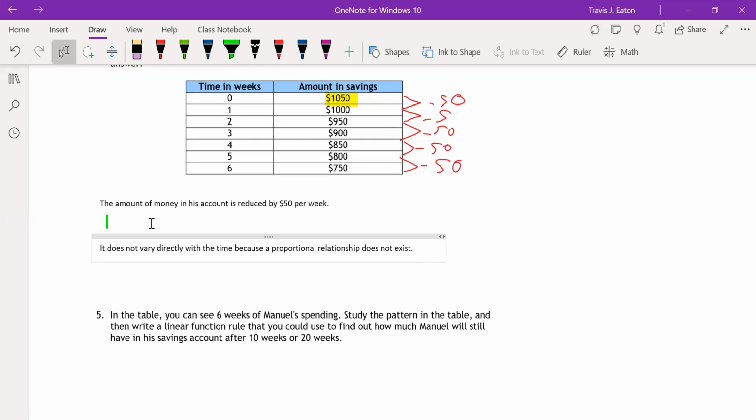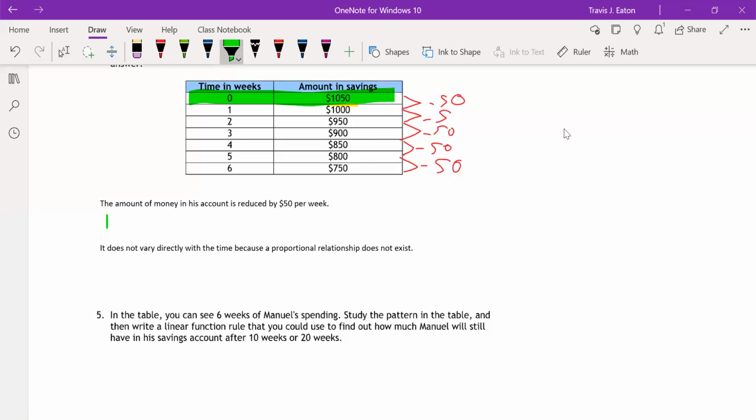And yes, you're absolutely right, because if we were to graph this line, it would not pass through the origin. When we're looking at 0 weeks, we should have $0 if it is varying directly, right? If it varies directly, we would have 0, 0, but it doesn't.